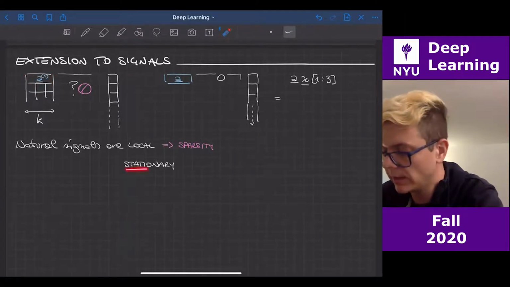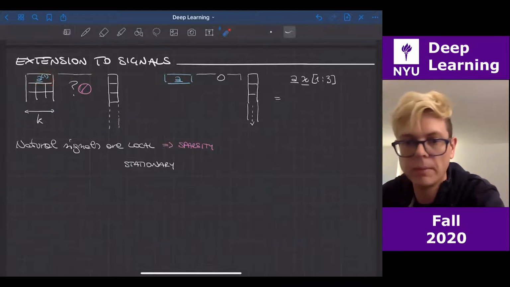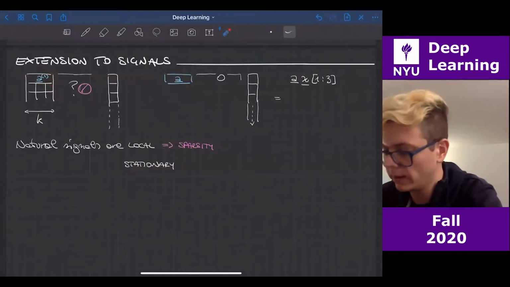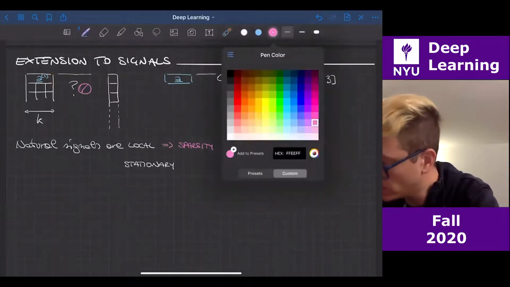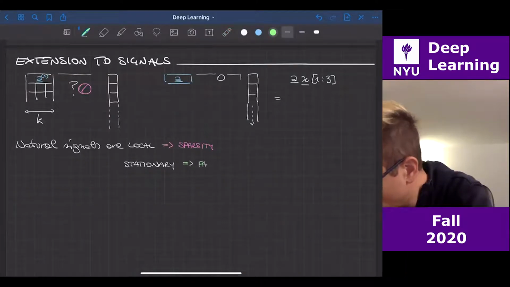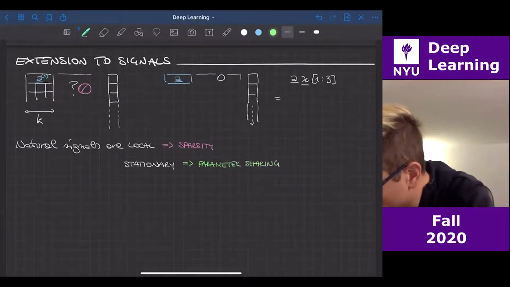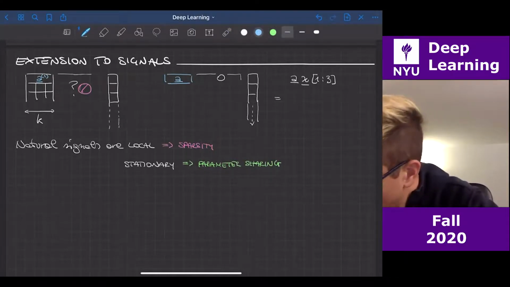Since these signals are stationary, I expect to see the same type of pattern happening over and over again, okay? And so this leads to parameter sharing.